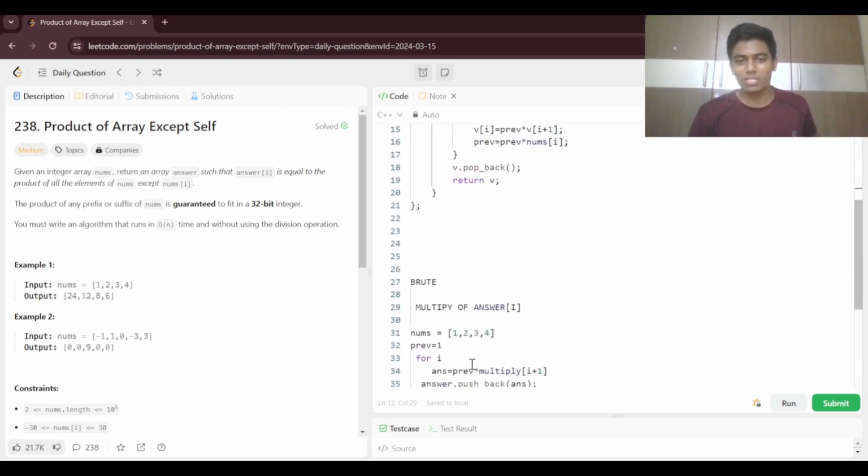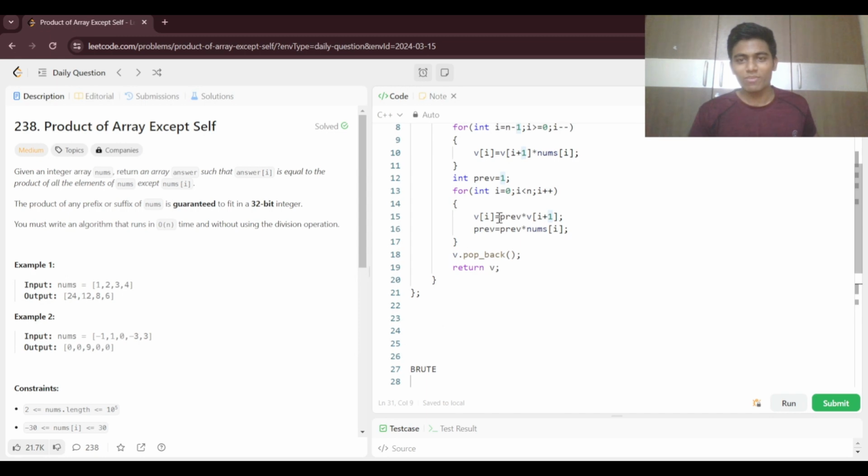That means we are going to consider 1, 2, 3 in the sequence, and whenever we are at the current element, we do not want to multiply this particular element. That means we need to multiply all the previous elements and all the right elements. The right elements are given by v[i+1], because it considers all the elements which are to the right, and previous will have all the previous multiplication of elements.